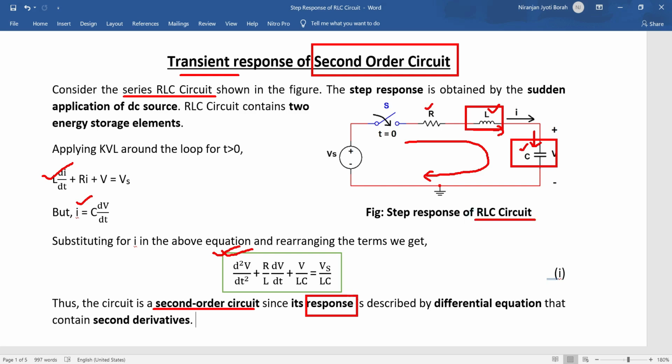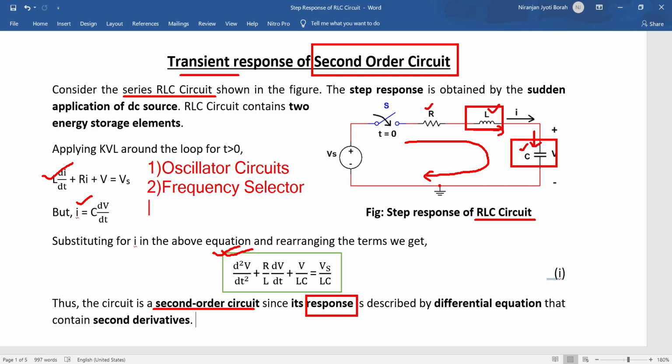RLC circuits have many applications in electronics. Because of their resonance qualities, they can be used in many different types of oscillator circuits. They can also be used to select a very specific range of frequencies from a much broader spectrum.